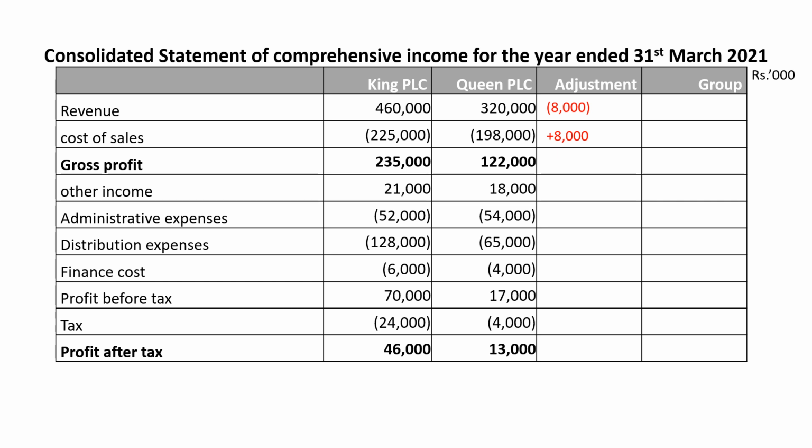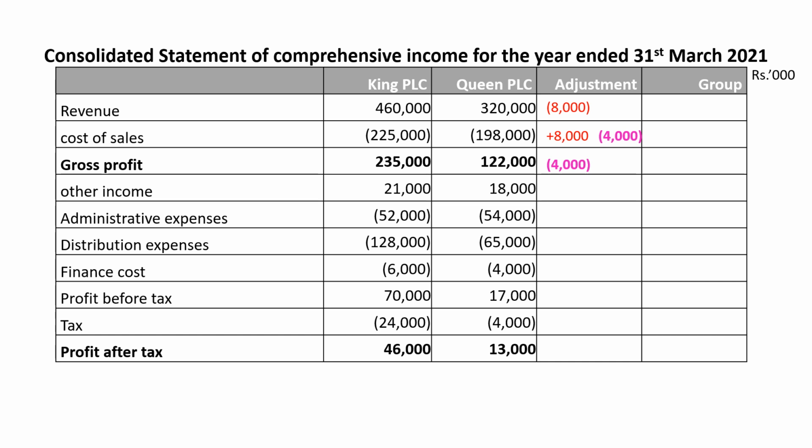We are going to remove that 4,000 from the gross profit. And we know that this is embedded in the cost of sales under closing stock. So we are going to remove that additional 4,000 of unrealized profit from the inventory. Therefore, we are going to deduct 4,000 from the cost of sales.